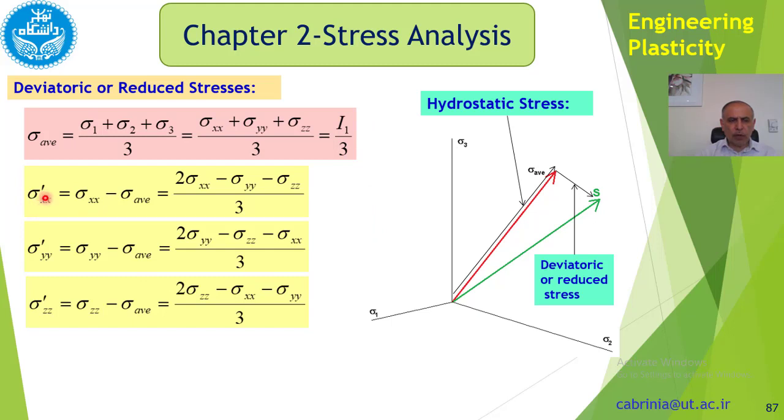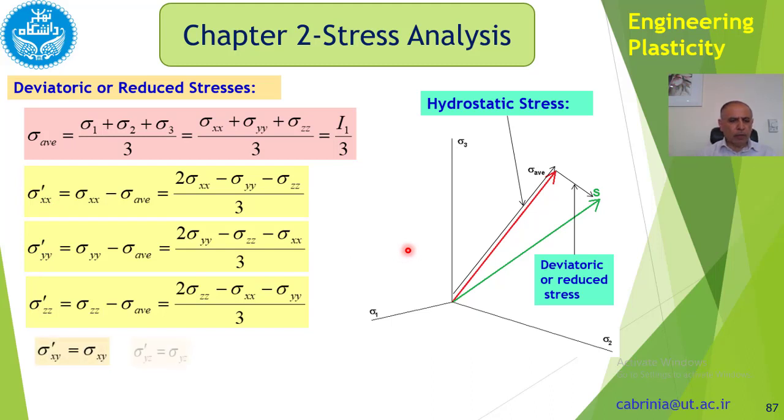Sigma xx prime is equal to sigma xx minus sigma average. So the components of this stress minus the hydrostatic stress give the components of the reduced stress. These are sigma xx prime, sigma yy prime, sigma zz prime.